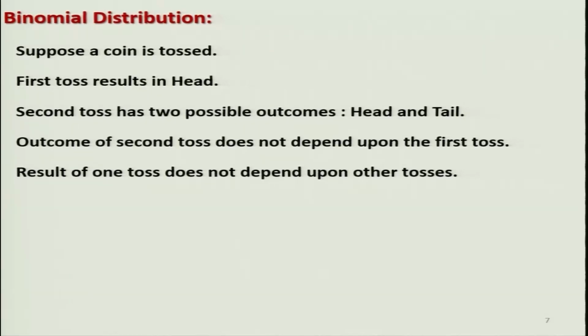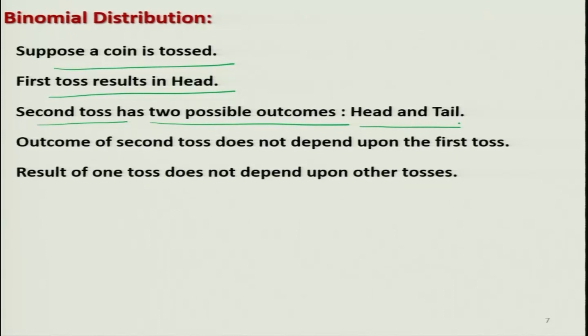So, now we consider the binomial distribution, and suppose a coin is tossed, and suppose the first toss results in head. Now, what will happen to the second toss? The second toss has two possible outcomes, head and tail. What the outcome is going to be, you do not know unless and until the experiment is completed.